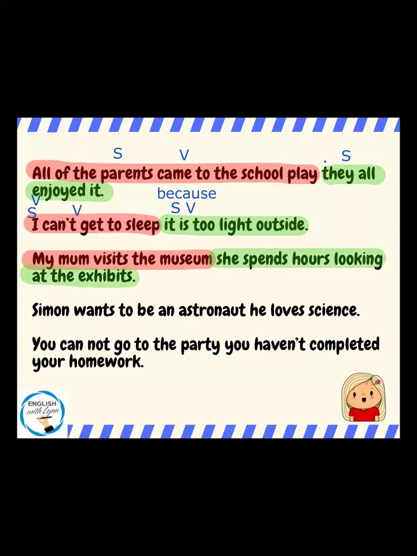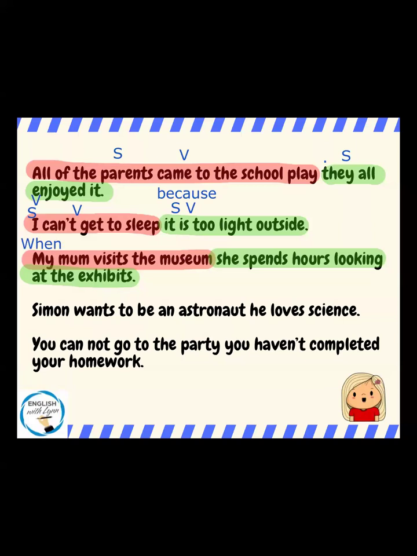And I think what I am going to do with this is turn the first part into a subordinate clause. So instead of using a semicolon, I am going to put "when my mum visits the museum", so add the "when" there.